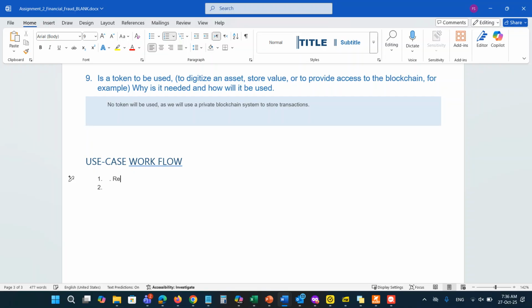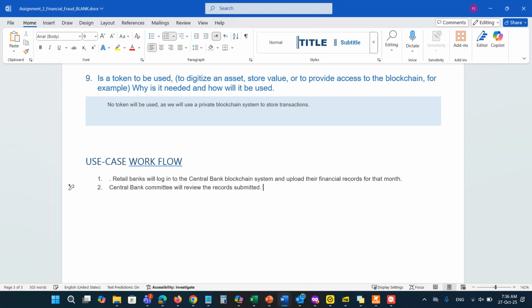So here, retail banks will log into the central bank system and upload their financial records for that month. Okay. And then the central bank committee will review the records.